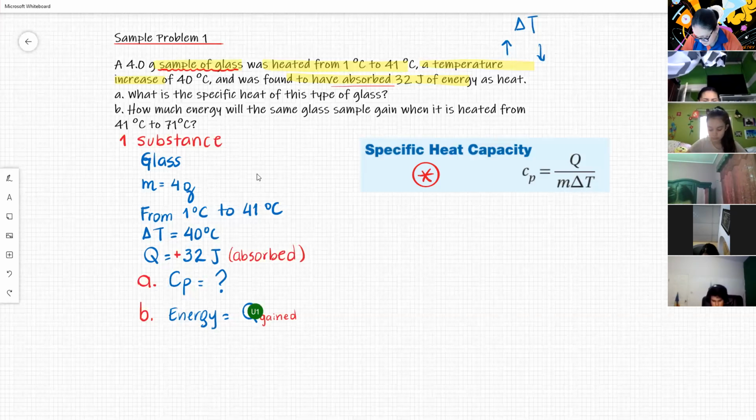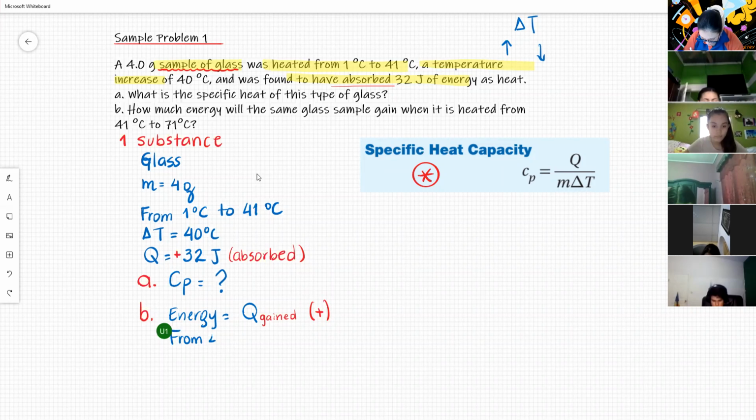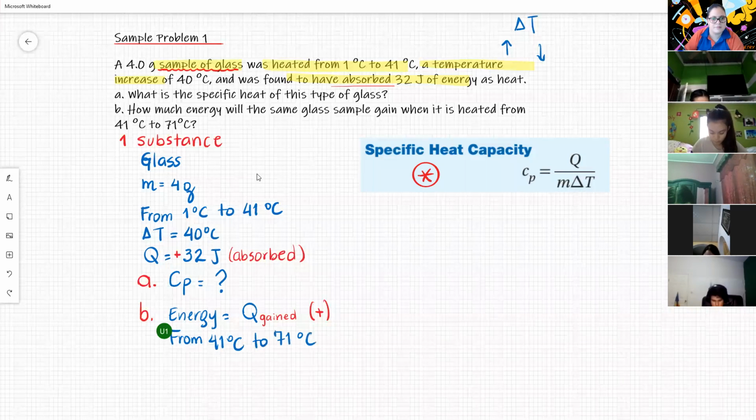If it's gain, it's also going to be positive, okay? But they are giving you a change in temperature from 41 degrees Celsius to 71 degrees Celsius. That's all the information that you can gather from the problem.